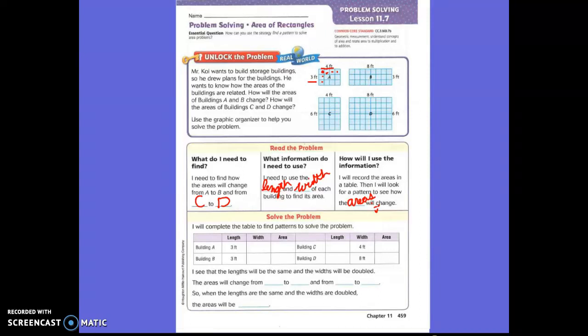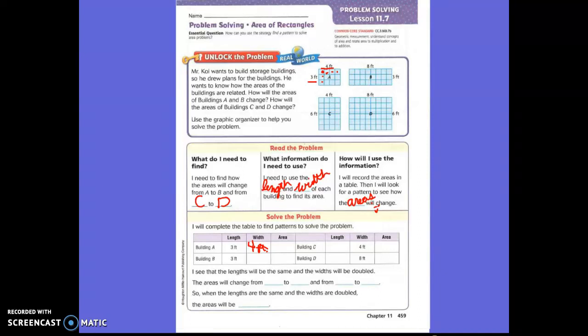Okay, building A has a length of 3 feet. What's the width of building A? 4 feet. Make sure you have your label. Okay. Now, what's 3 feet and 4? When we're doing area, what are we doing in a rectangle? We can put the blocks inside.